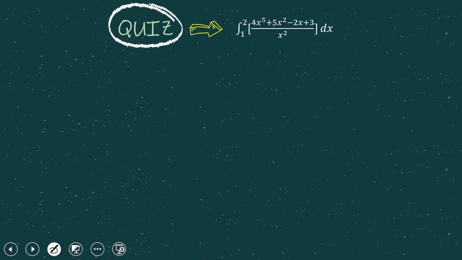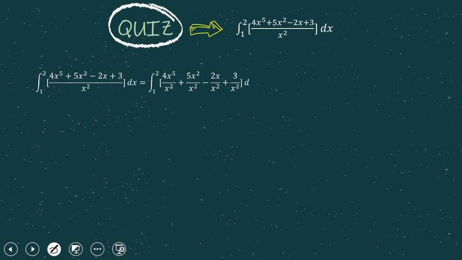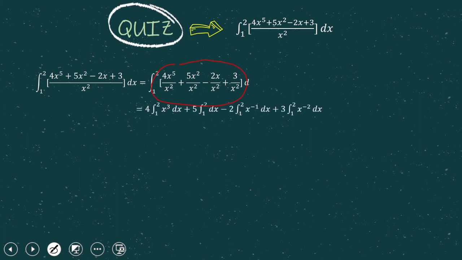So welcome back, and this is the answer. First we have to simplify the function into this, and then we separate it one by one, and then we integrate.